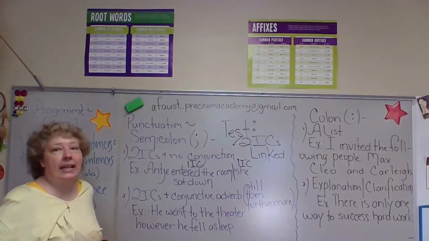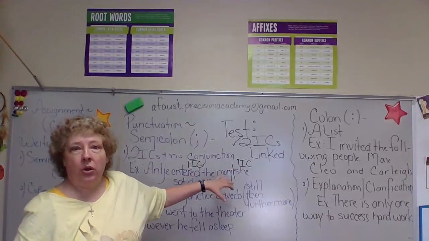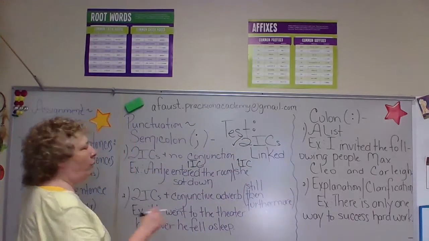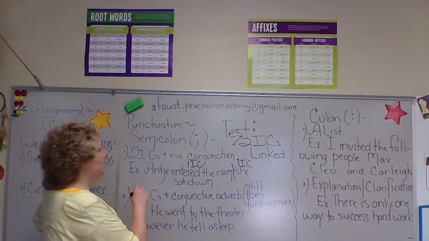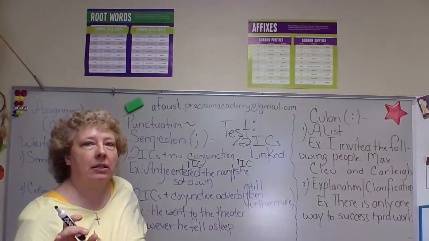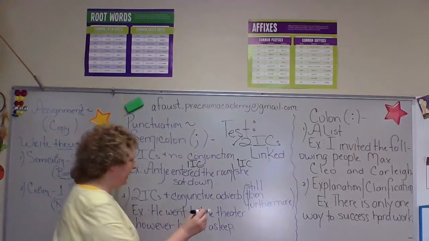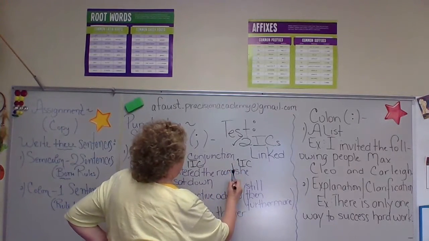Okay, now, 2 ICs and no conjunction. So there's no and or but or any of those, right? Okay, good job. Where do we put the semicolon? Antje entered the room. There's a slight pause. She sat down. What do you think? Yes, right here. So let's do it.